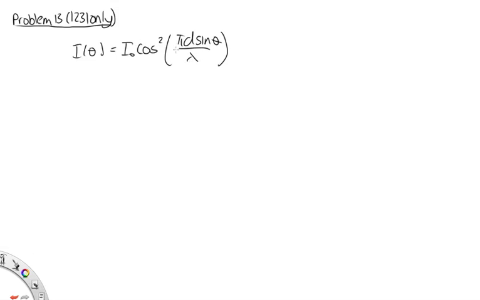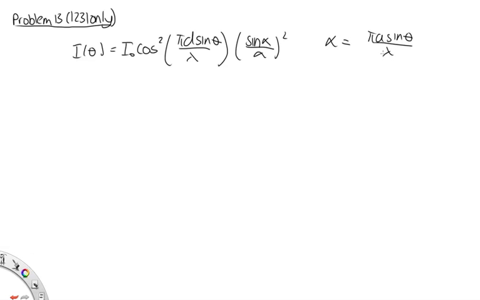So this part's the Young's double-slit part, and then the sine alpha over alpha squared, this is the diffraction around the slits part, where alpha is equal to pi a sine theta over lambda.